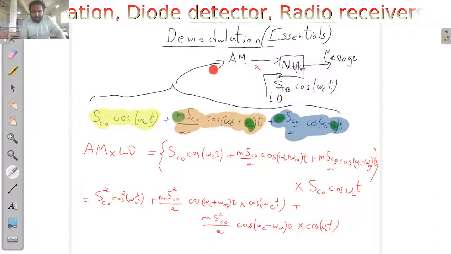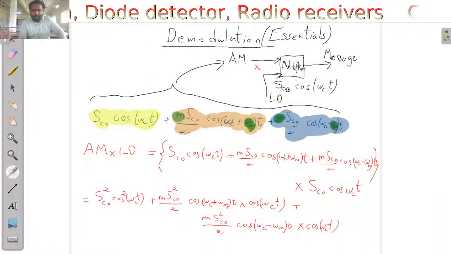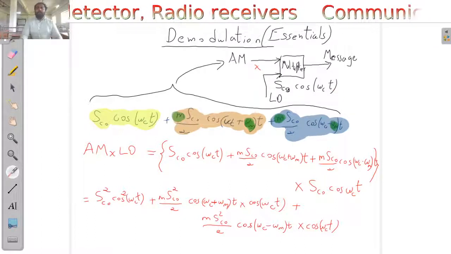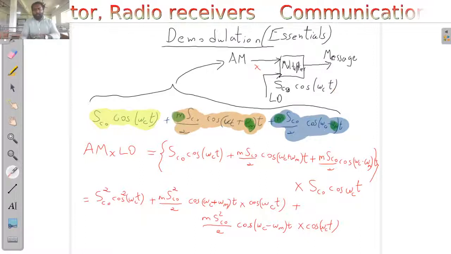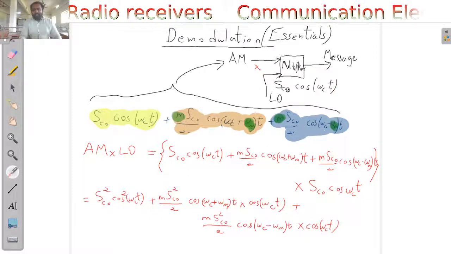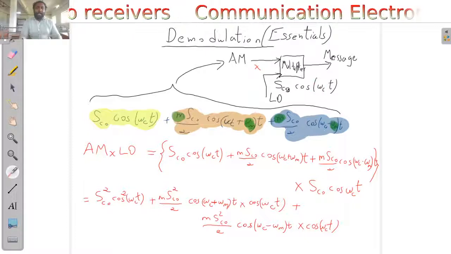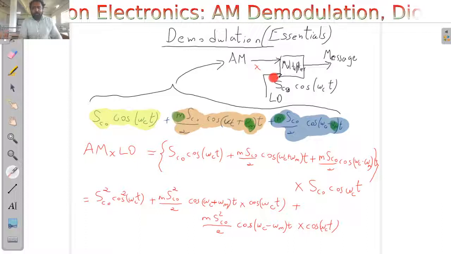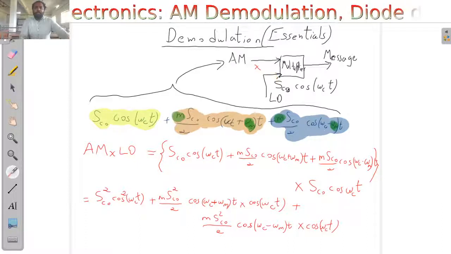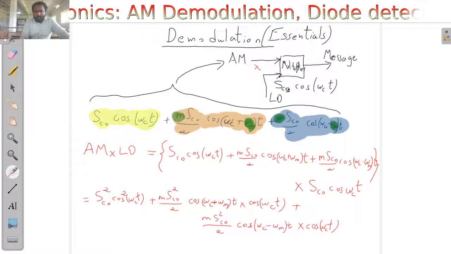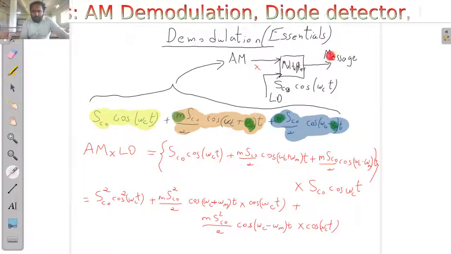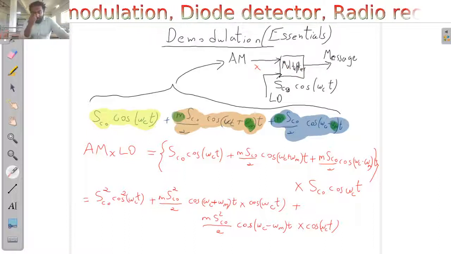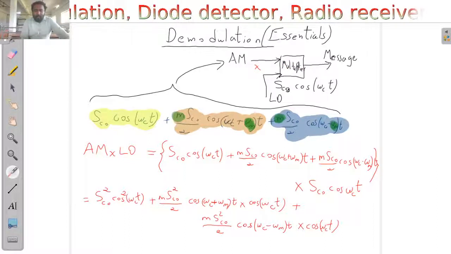The second input is fed with another signal which is locally generated, which has the same frequency as that of the carrier frequency that was used for modulation. Those are the two inputs to the multiplier, and this module effectively multiplies both the inputs to get the message signal out of it. This is a simple representation of a multiplier. In actual cases it will have 2 or 3 blocks inside it.